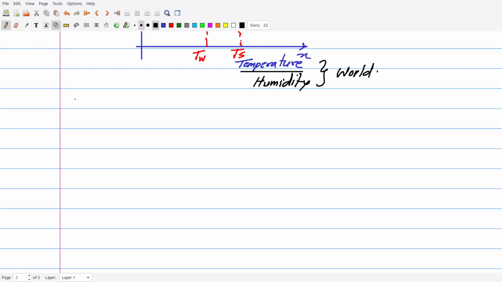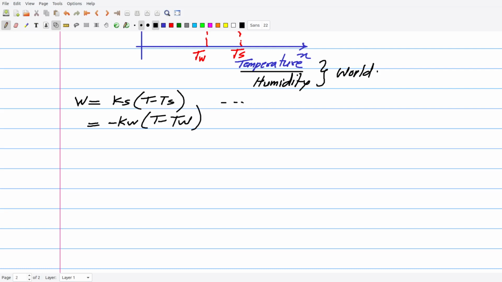So if you concentrate on this, W is equal to Ks into T minus Ts, or you can write W is equal to minus Kw into T minus Tw.